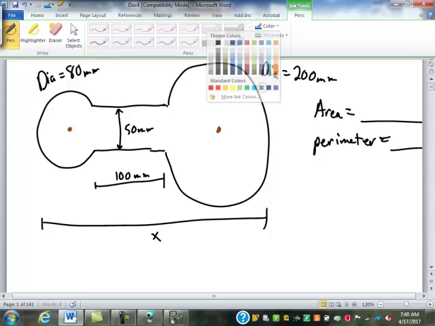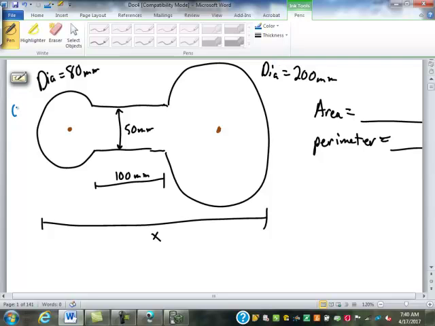Circumference of this circle would be pi times 80, which is going to be 251.2. Circumference over here is going to be 200 times pi, which is going to be 628.3.